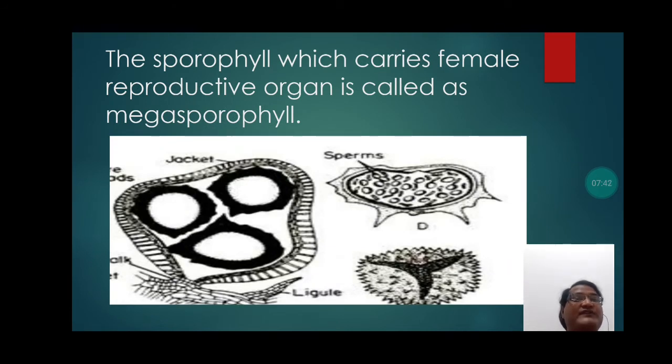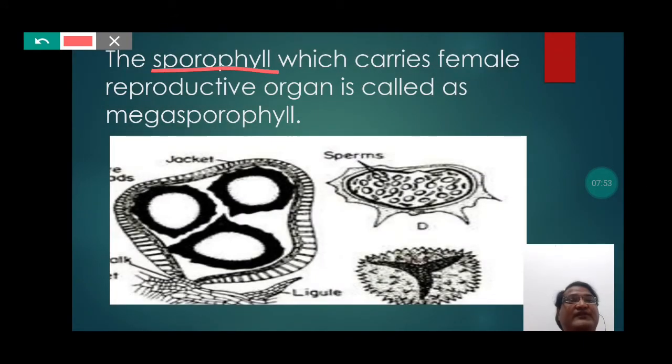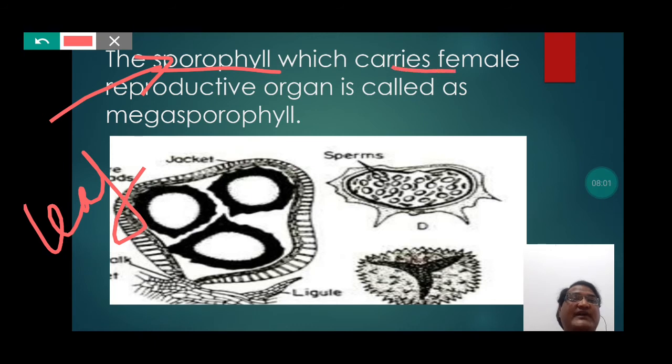The sporophyll which carries the female reproductive organ is called megasporophyll. So students, here we know that sporophyll represents a leaf. So the specific leaf which carries the female reproductive organ is called the megasporophyll.